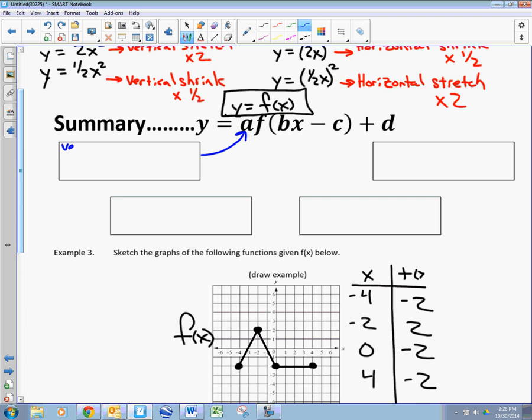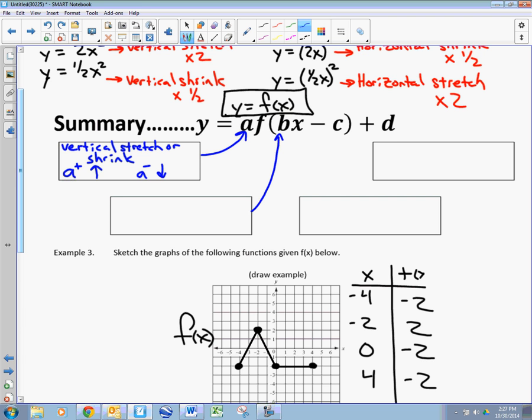It does a vertical stretch or shrink. That's what happens. Now, also, something happens if a is positive and if a is negative. If a is positive, it goes which direction? Up. If a is negative, it goes down. It'll be reflected over the x-axis. We talked about these vertical reflections the other day, correct? All right.